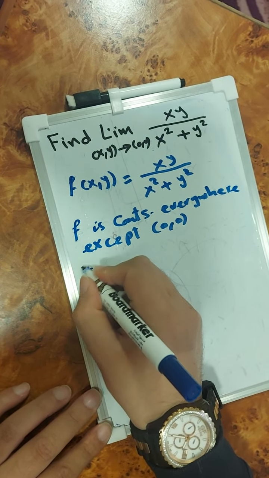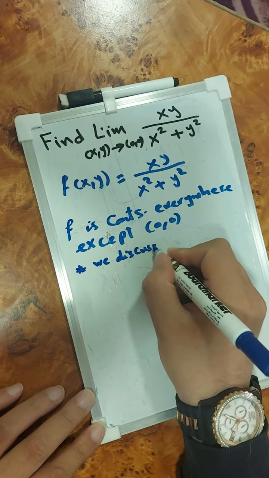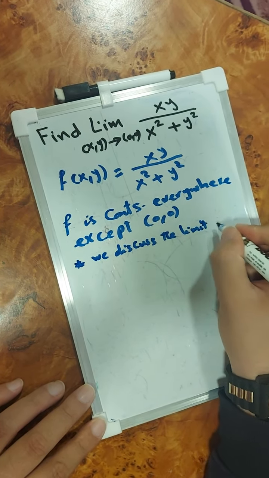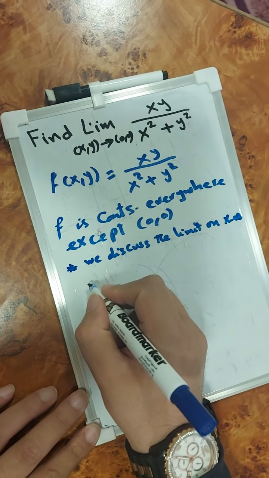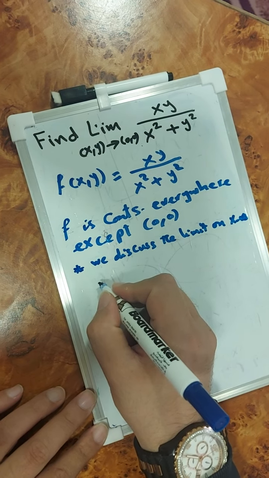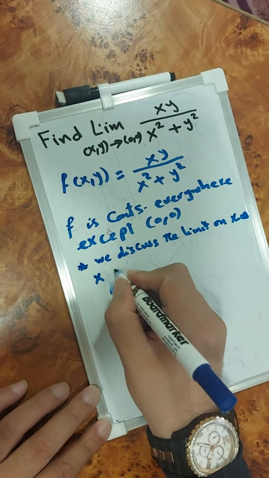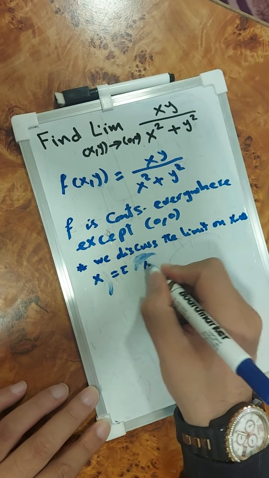Now we discuss the limit on the x-axis. The parametric solution, as we have said, of the x-axis is x equal t and y equal 0.